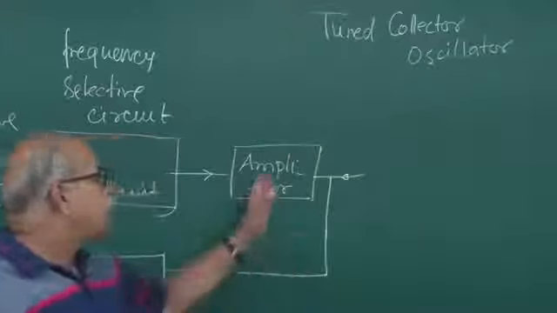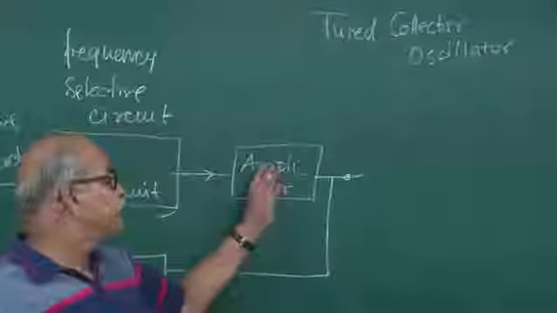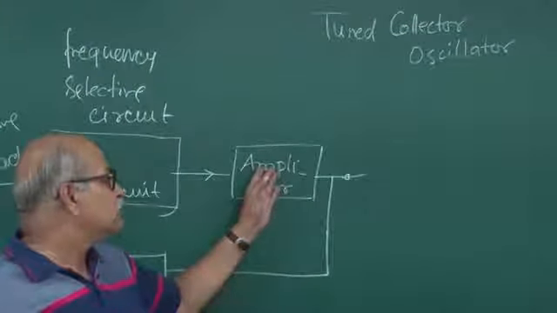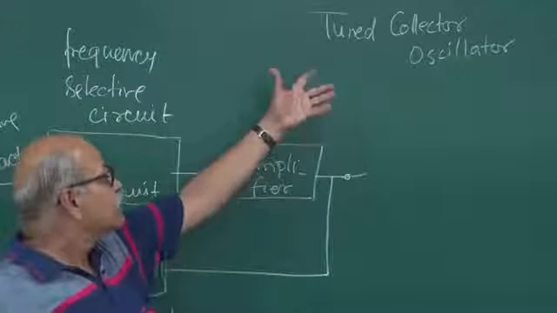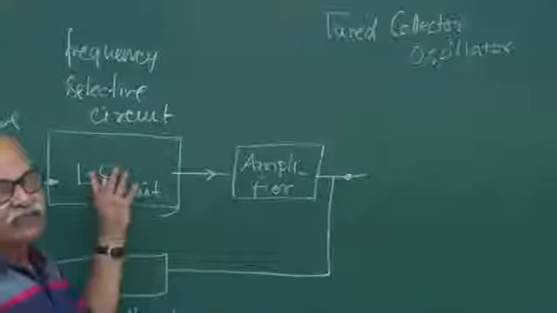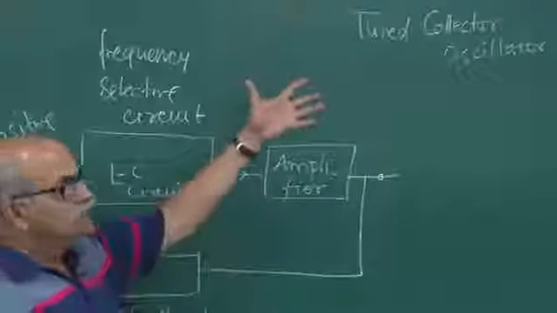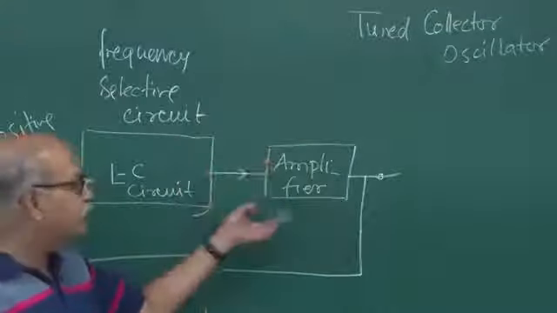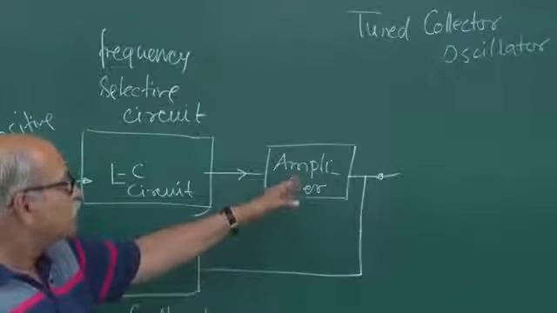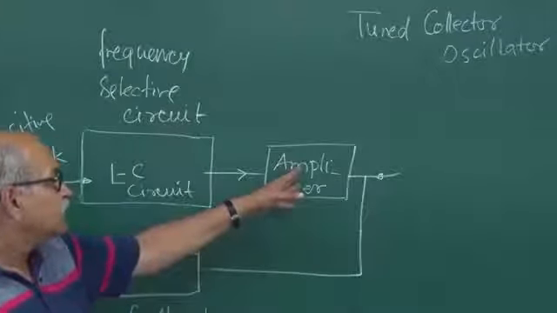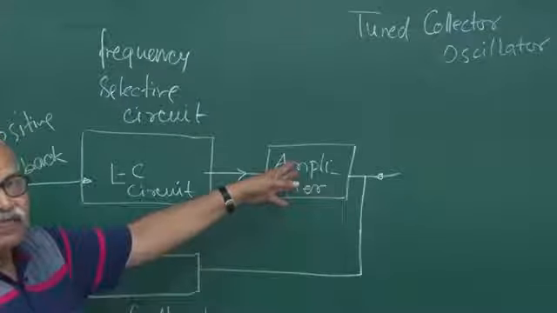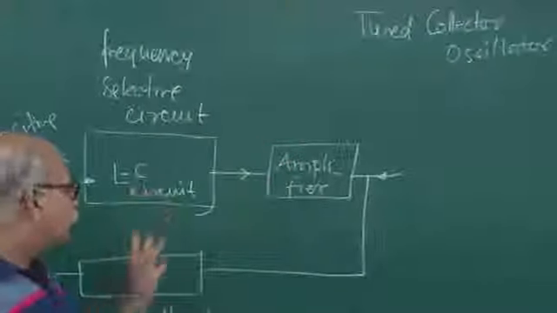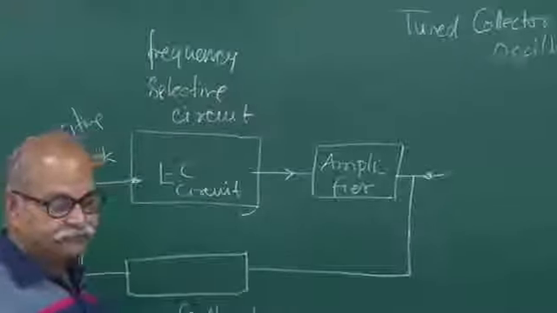In the amplifier you have a base, emitter and collector, and it is the collector which is connected to this tuned circuit, and therefore it is known as tuned collector oscillator. So let me revise a little bit of this amplifier, how we use the transistor as an amplifier in common emitter mode, and then we will see how to put these things together.